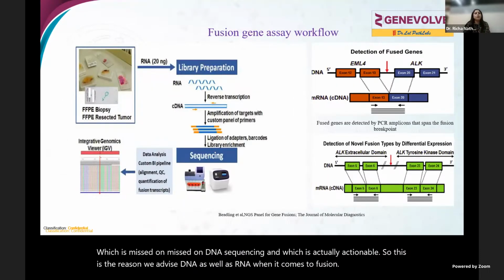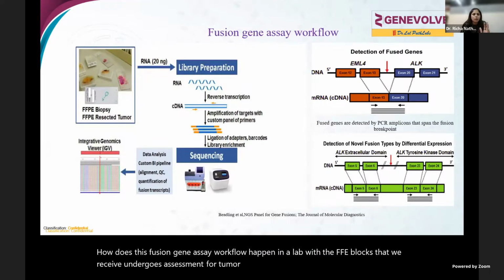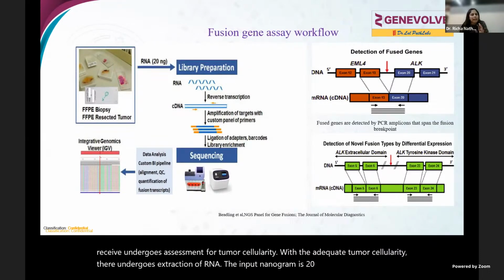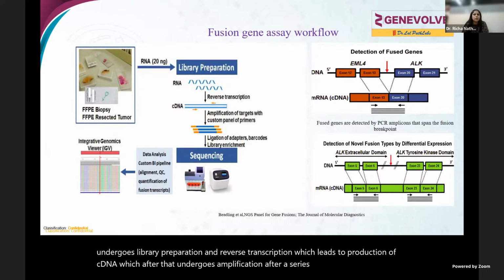So how does this fusion gene assay workflow happen in a lab? The FFPE blocks that we receive undergo assessment for tumor cellularity. With adequate tumor cellularity, RNA extraction is done. The input is 20 nanograms, which undergoes library preparation and reverse transcription, leading to production of cDNA, which after that undergoes amplification after a series of PCRs with their custom panels of primers.